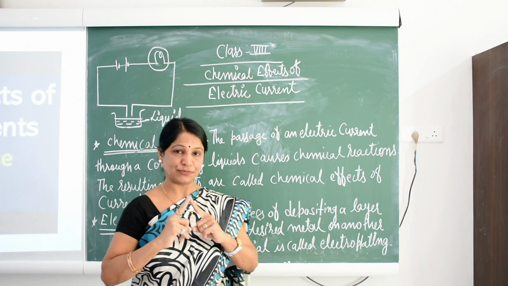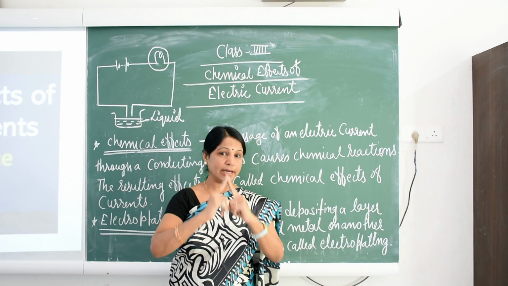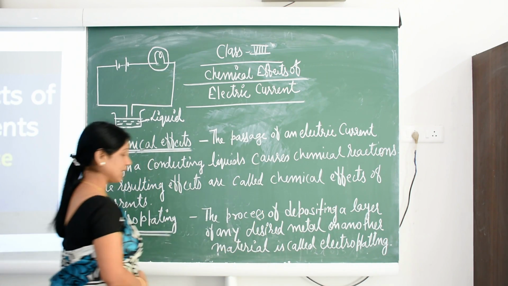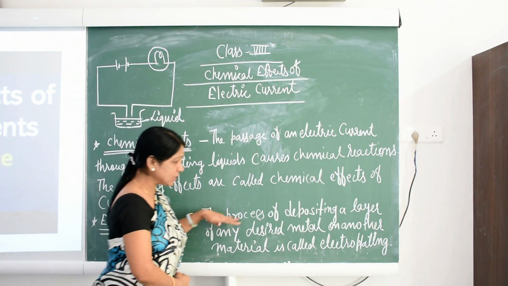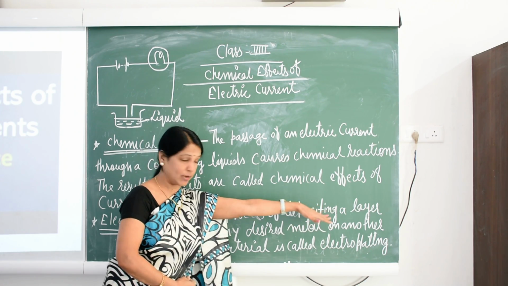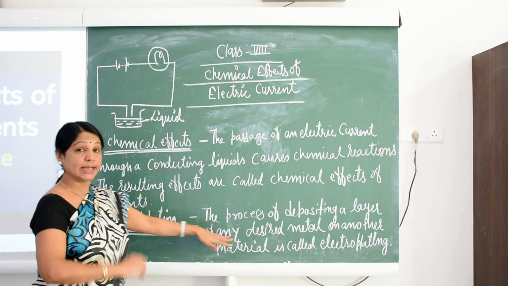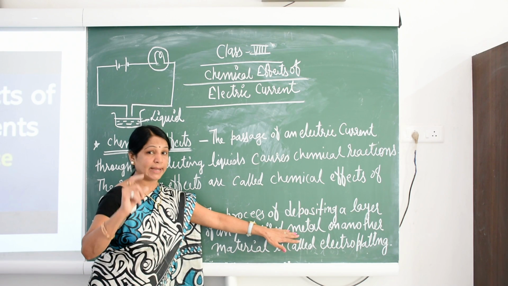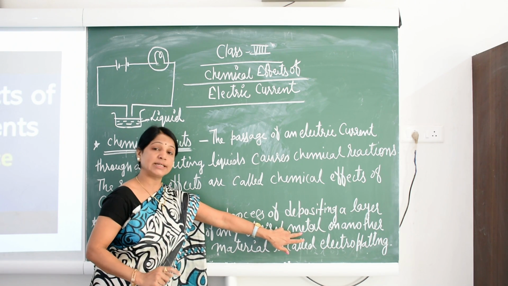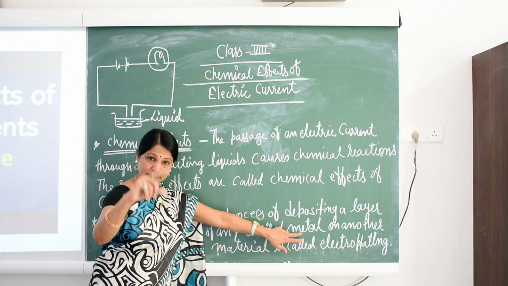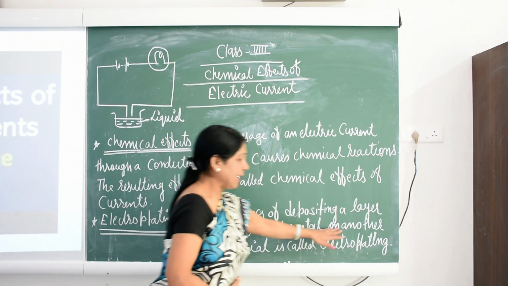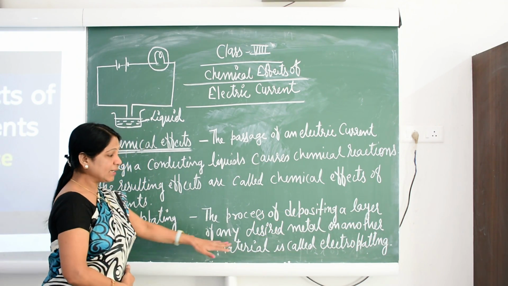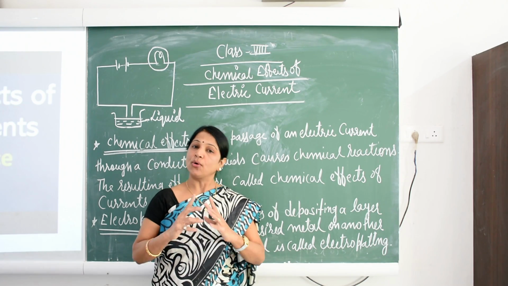This process, this phenomenon, is called electroplating. Let's see what that is. The process of deposition of a layer of any desired metal onto another material is called electroplating.